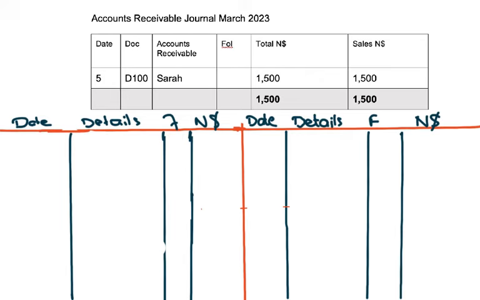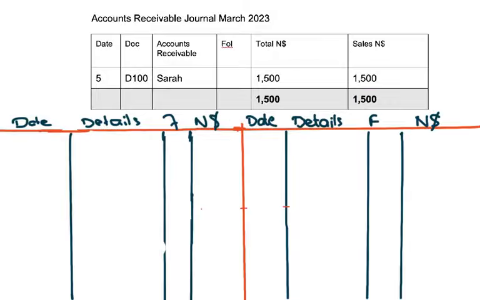Now let's quickly look at the format of the journal. In my first column, I have the date. In my second column, I have the document number. Now remember, when I sell on credit, I will issue a credit invoice. My accounts receivable or my customer, I will have the name there, then my total, and then my sales.